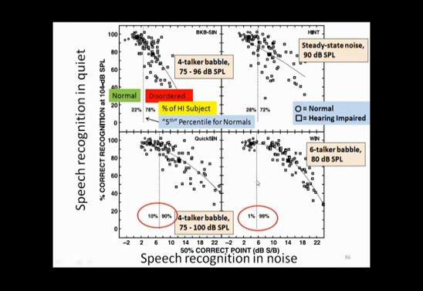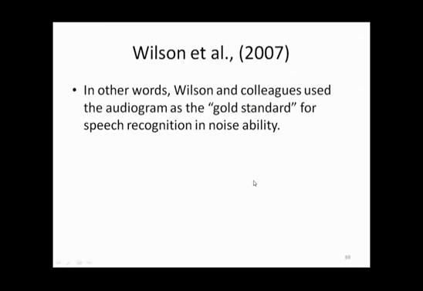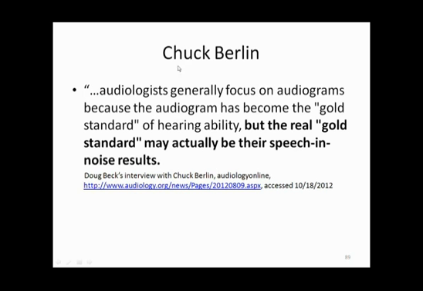And you cannot predict speech recognition in noise, at least steady state noise, from the audiogram. So I think Dr. Wilson and colleagues are actually wrong on this issue. Getting back to this quote from Dr. Chuck Berlin in 2012, he said, audiologists generally focus on audiograms because the audiogram has become the gold standard of hearing ability, but the real gold standard may actually be their speech in noise results.